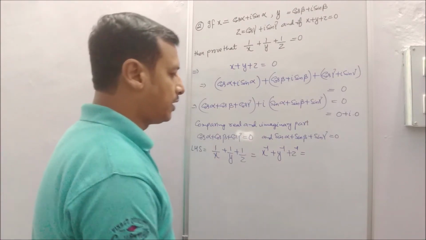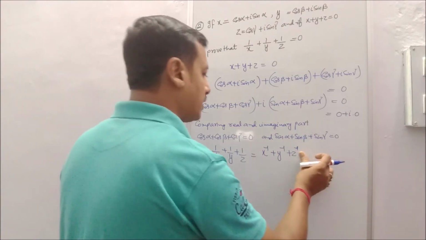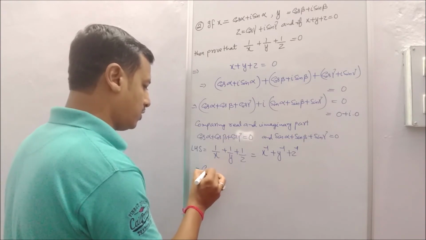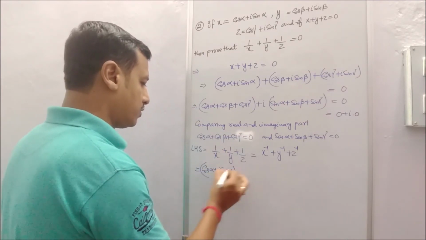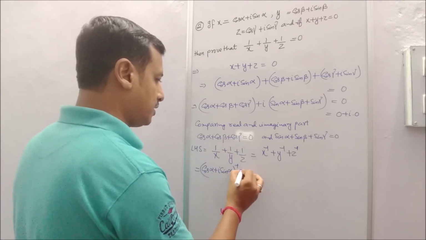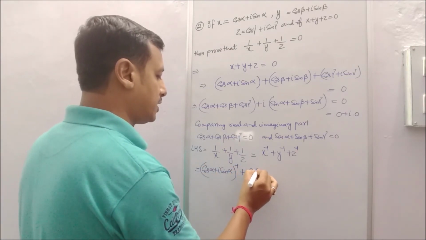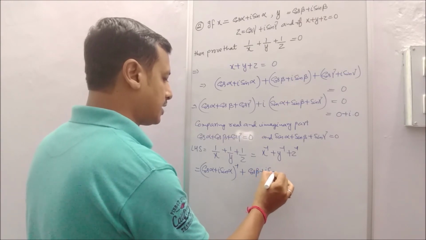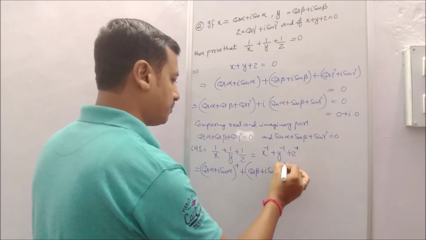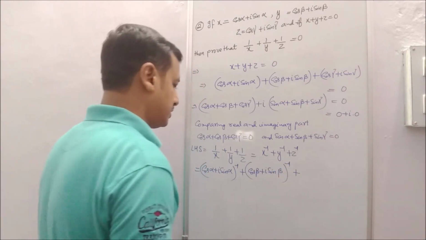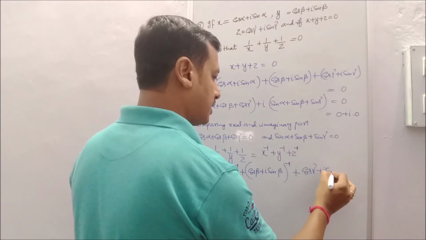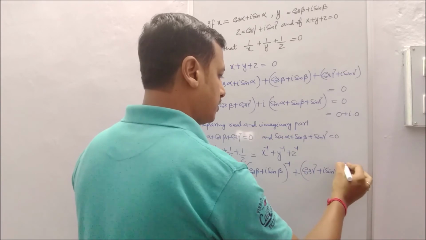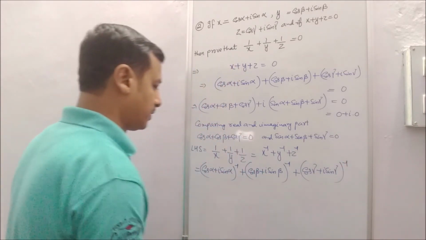Now substituting the value of x, y and z, we have (cos alpha plus I sin alpha) to the power minus 1 plus (cos beta plus I sin beta) to the power minus 1 plus (cos gamma plus I sin gamma) to the power minus 1.